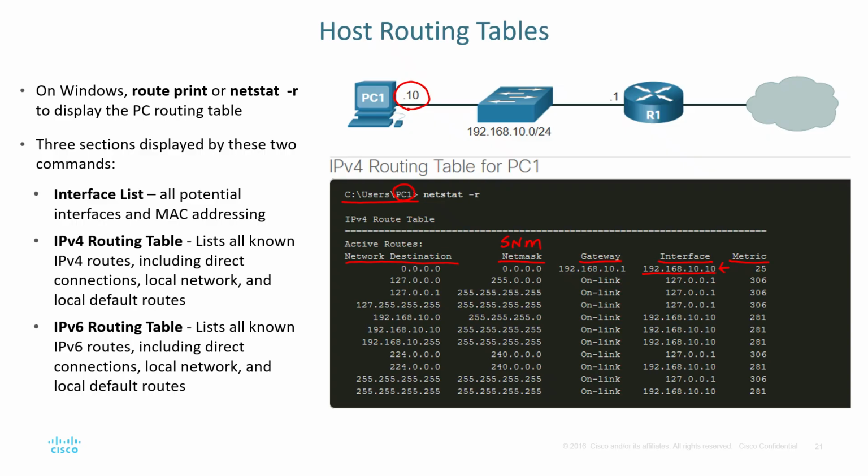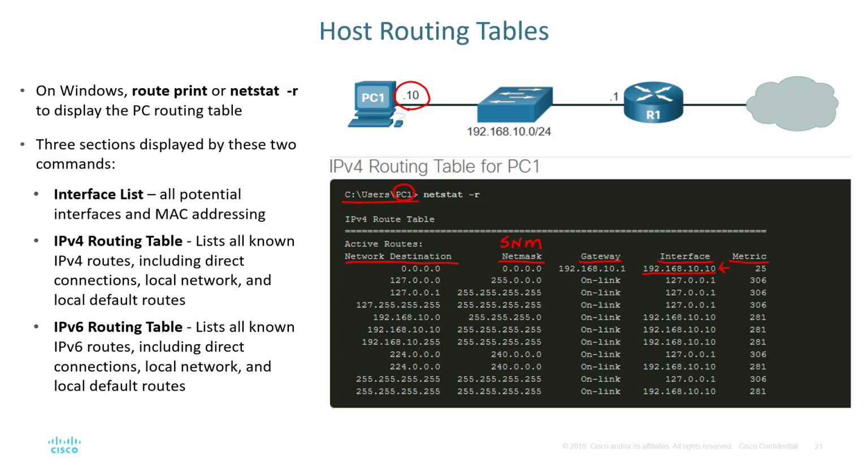Okay? The gateway, so when we start to do addressing, IP subnetting, what we tell you to do is when you start, you give your default gateway the very first address so that you know to remember to do that. So the gateway in this instance is .1 in the 192.168.10.0 network.